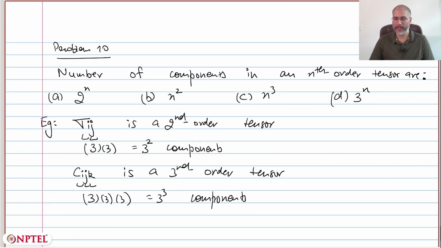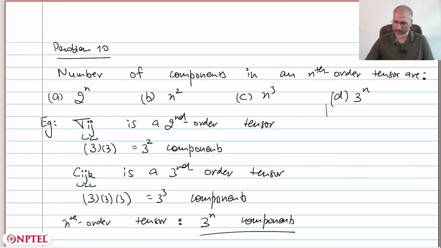So we can see that the general expression will be 3 to the power of n for an nth order tensor. So the answer is D, 3 to the power of n.